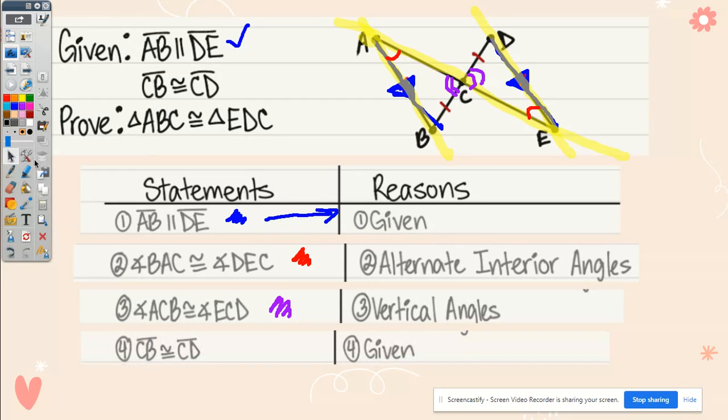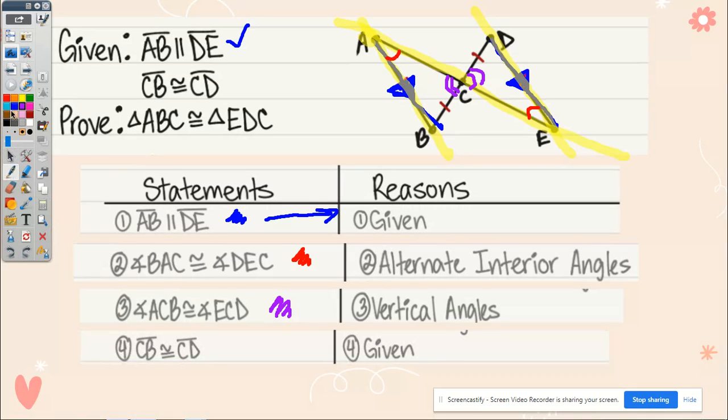All right, so now we're going to talk about the other given that I never talked about. The second given was right here: CB, this one right here, is the same size as CD. I did that in this burgundy color.